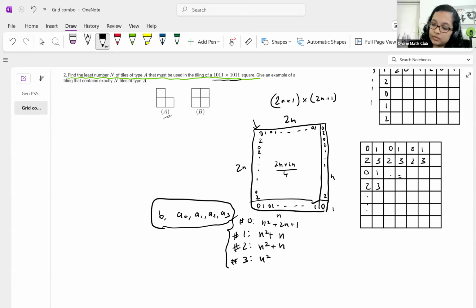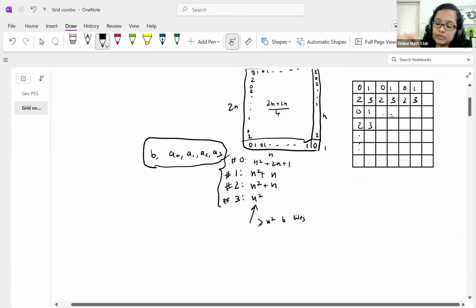I think what you're trying to do is you're saying that suppose we minimize the number of A tiles which contribute to 3. So you're saying we'll have at least n squared B tiles. What we are trying to do is very similar to what you said.